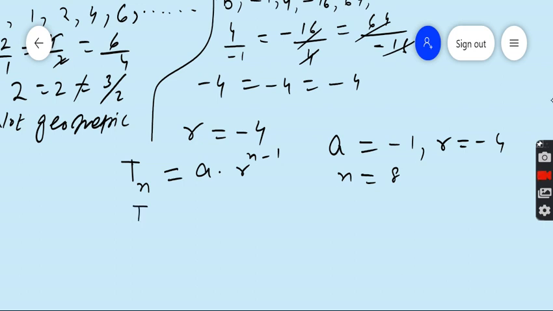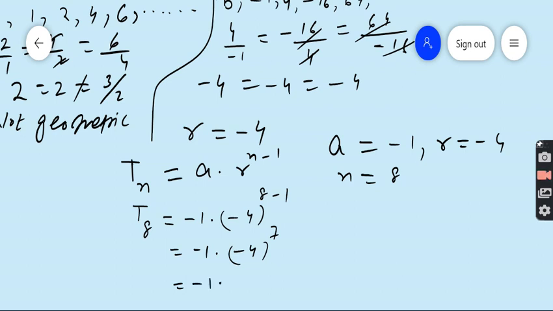So T8 is equal to a, minus 1, dot r, minus 4, to the power n minus 1, that is 8 minus 1, minus 4 to the power 7. By using calculator, find the value of minus 4 to the power 7.